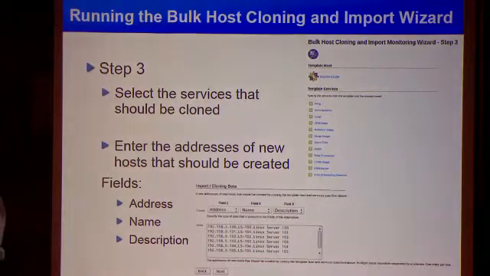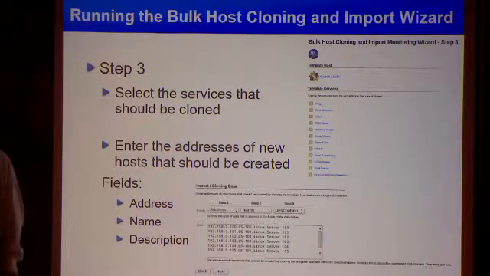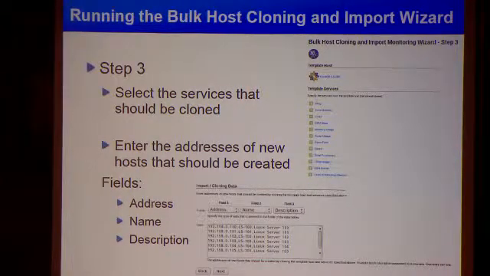After you selected the services, you can enter your data in a CSV format. It's probably sufficient just to enter the IP addresses, but you can also enter the names and aliases as well. Those values should be comma separated, and each new server should be on a new line.